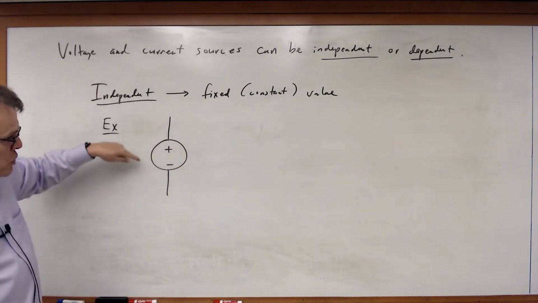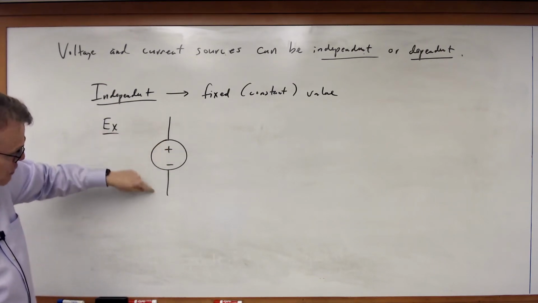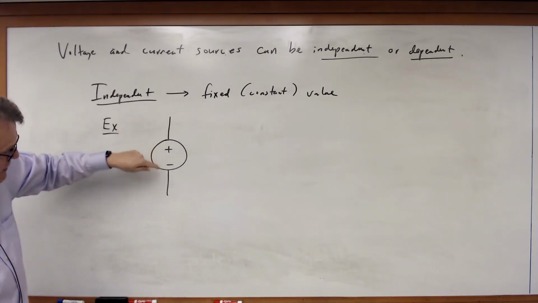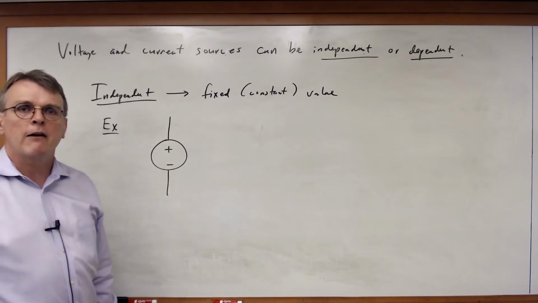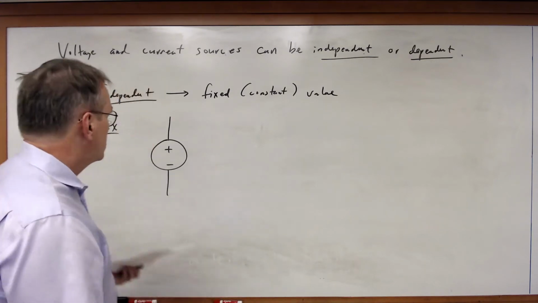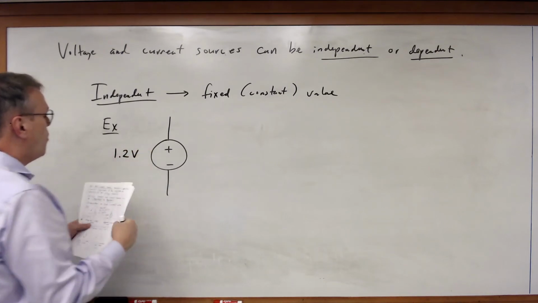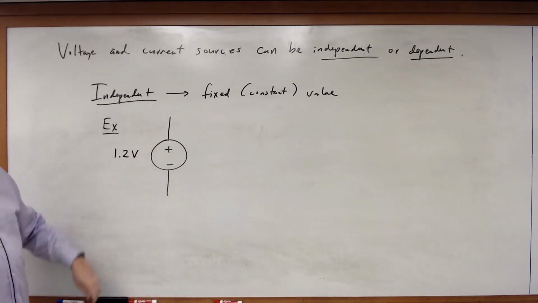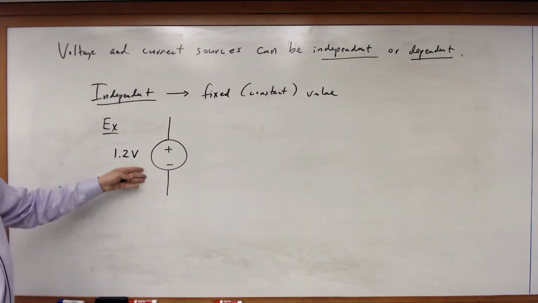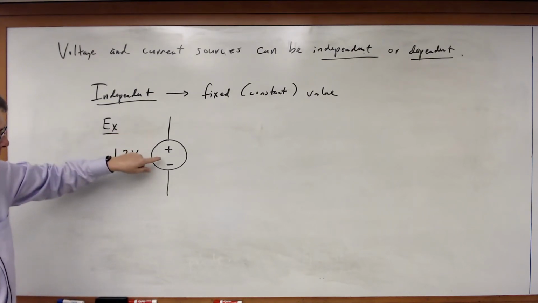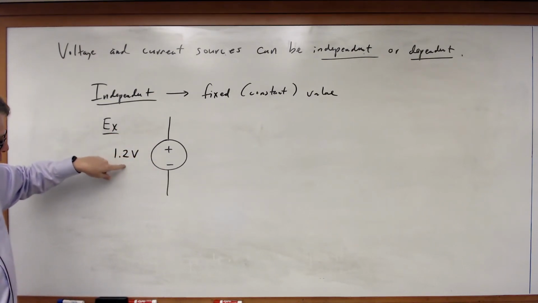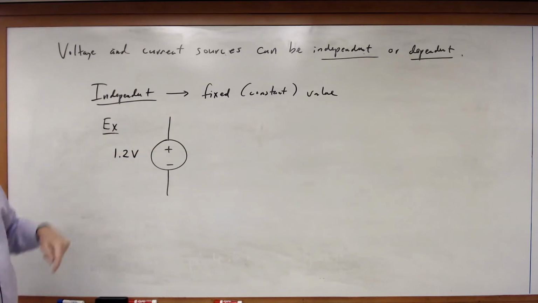We represent it as a circle. Notice the two terminals, and the positive and the negative show the polarity of the voltage source. So in this case, for example, I'll say this has a value of 1.2 volts positive to negative for that source. That's an independent source. The value and polarity, the quantity and the polarity are fixed according to that value.